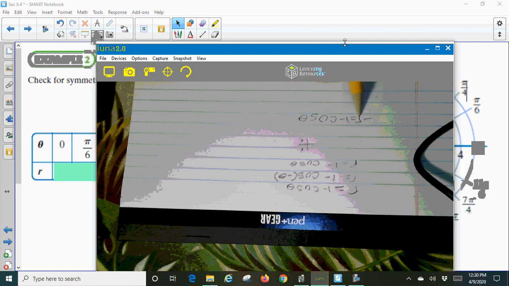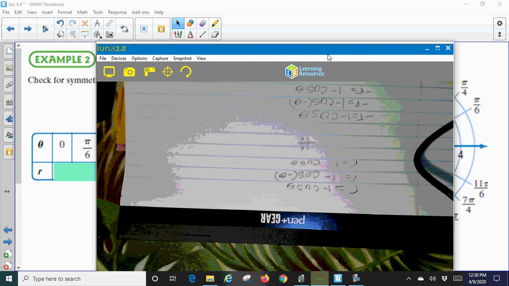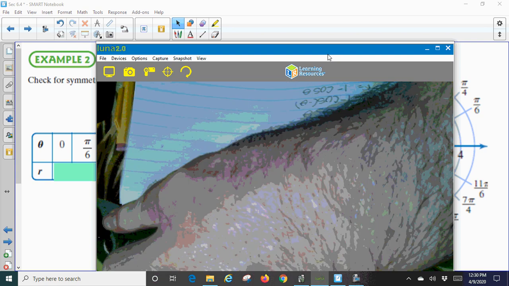Now we know the cosine of negative theta is just the same as the cosine of positive theta. In this case, the two equations are not the same, and we have failed the test for symmetry over the origin, or pole. However, that doesn't mean our graph doesn't have that type of symmetry. It just means it didn't pass that particular test.